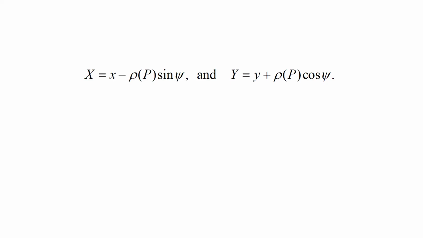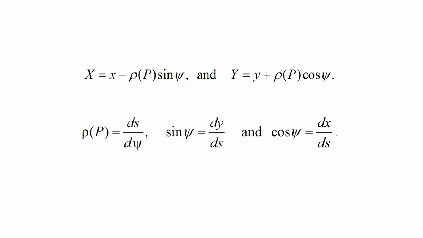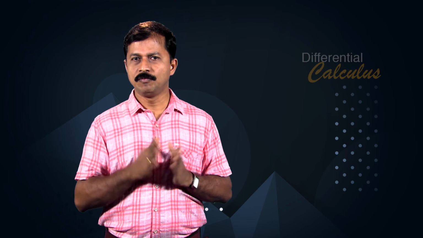Then, by the discussions in the previous sessions, we have X is equal to x minus rho of P sin psi and Y is equal to y plus rho of P cos psi, where rho of P is equal to ds by d psi, sin psi is equal to dy by ds and cos psi is equal to dx by ds. For convenience, we take rho is equal to rho of P.